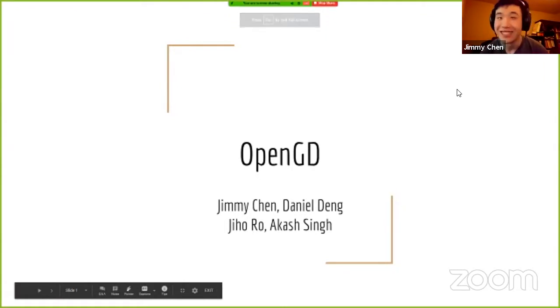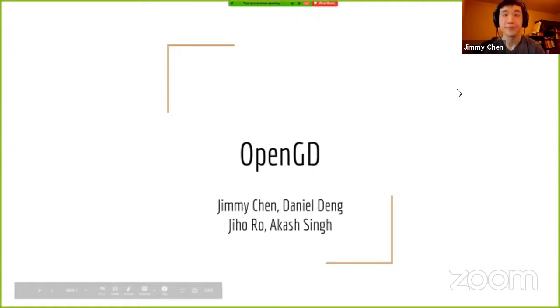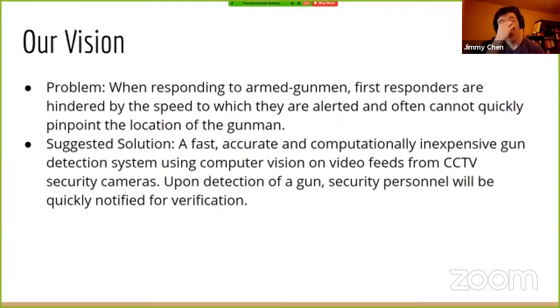OpenGD, otherwise known as Open Gun Detection. So what is our product? Basically, we identified a problem: whenever there's an armed gunman in a mass shooting or any situation where there's potential gun violence, first responders are hindered by the speed at which they're alerted. It has to be identified first and then called in to 911. It's not a great system.